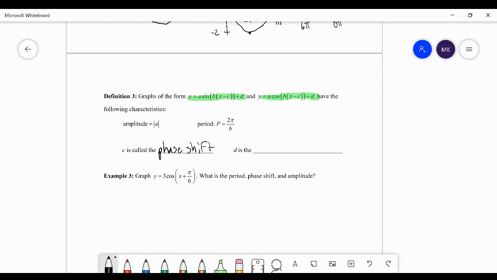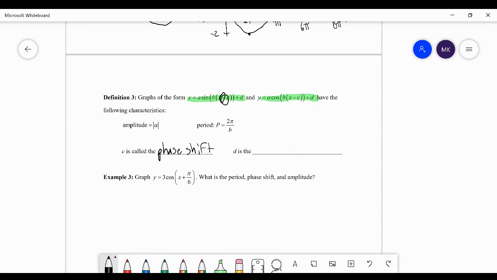If you see something where you say have x plus pi over 6, our natural intuition would say that moves us in the positive direction, but actually it moves us in the negative direction. And that is entirely because of this being defined with that minus there. Okay. Because we have x minus c. So when we have x plus pi over 6, what we really have is x minus negative pi over 6. And so our phase shift, c, is negative pi over 6.